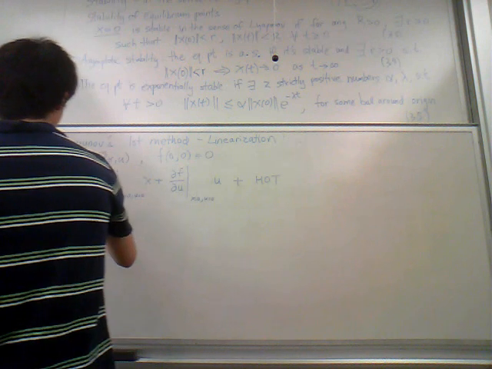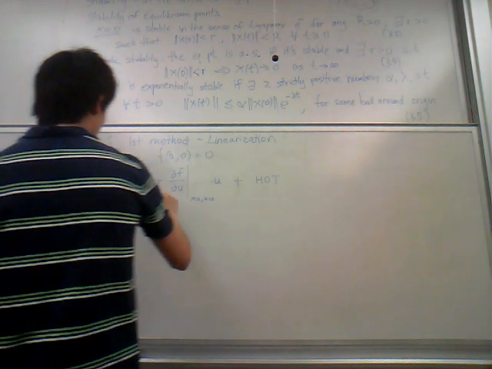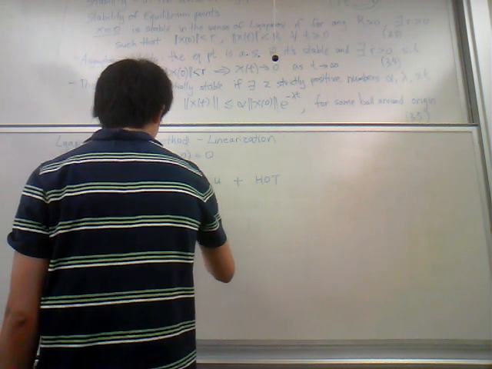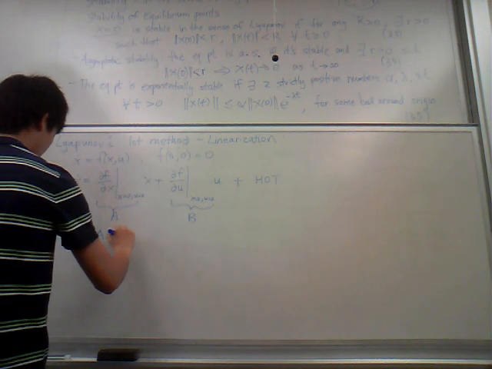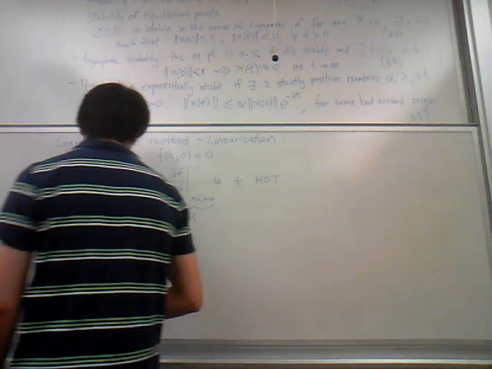So this becomes our A matrix, our B matrix, and we end up with this kind of thing.